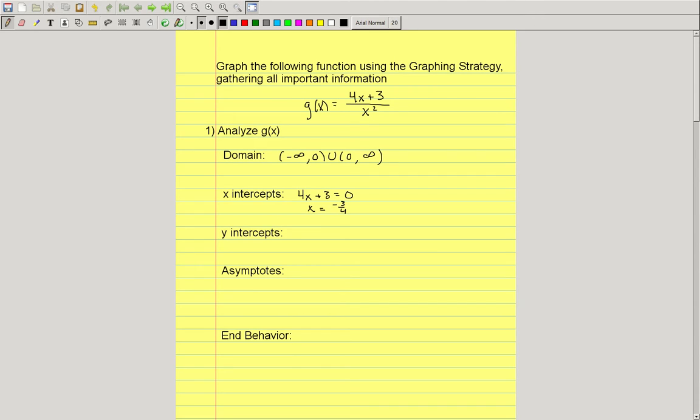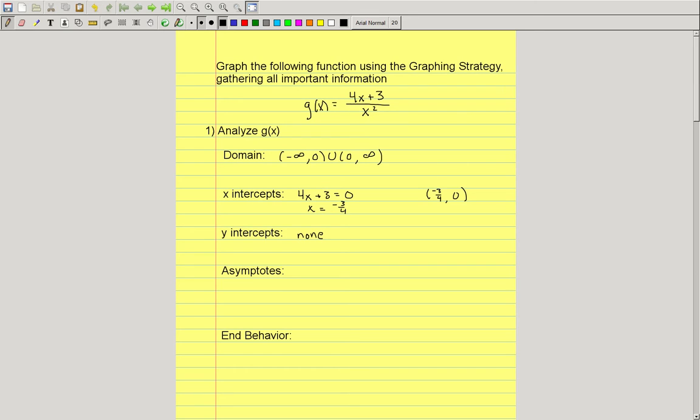This tells us that the ordered pair (negative 3/4, 0) is the x-intercept of our graph. It's the only one because there are no other values of x that make the numerator equal to 0. We're not going to have any y-intercepts because it's not possible to plug 0 into our function because 0 is not in the domain.